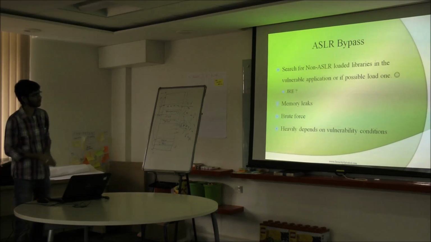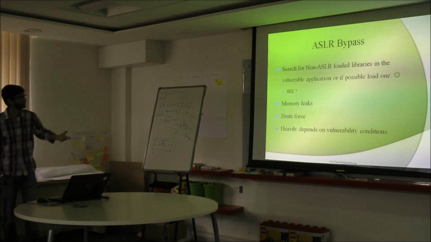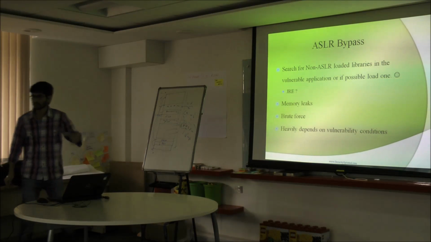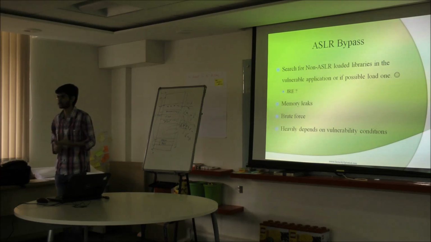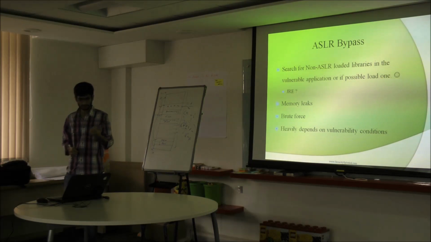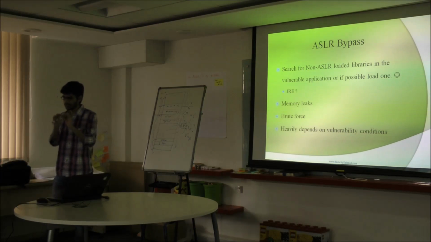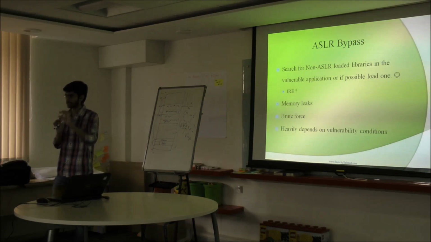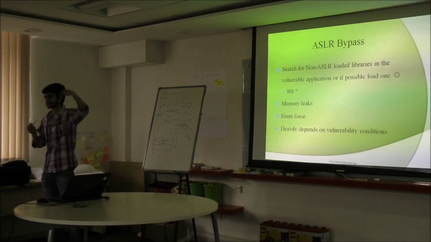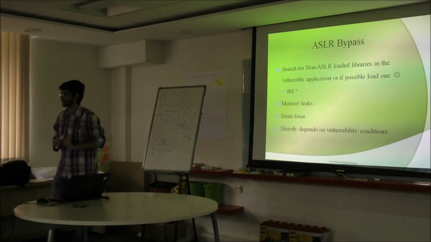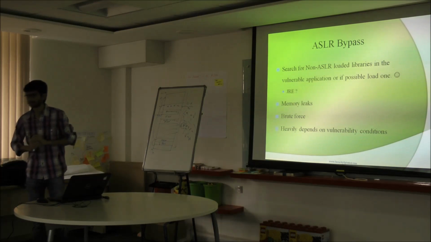There are more advanced techniques too, like memory leaks. If you have some pointer exposure anywhere in the payload that you can control, some address that exposes the base address of the module you're currently in, then you can make it work.